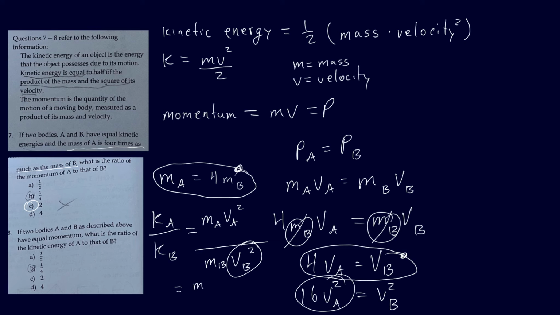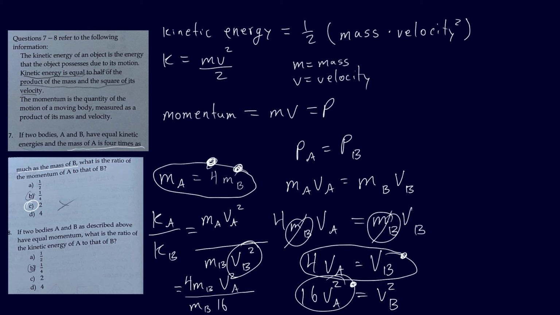mass of object A, which can also be replaced with this factor over here. So I'm going to replace that with 4 times the mass of B times the velocity of object A squared over the mass of object B times v squared b, which is equal to this equation over here, and this factor over here.